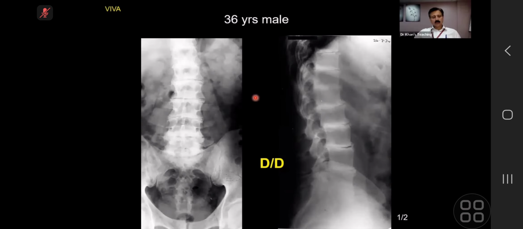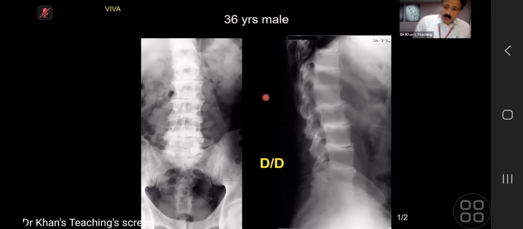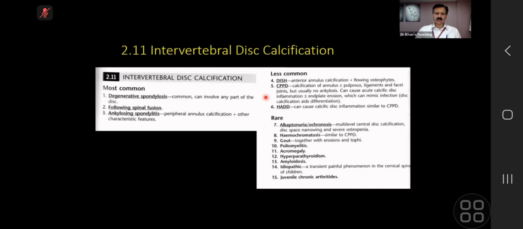For the ankylosing spondylitis. Okay, good. We stop. Now, the point is that this film came to one of my students years ago, and this is what we call intervertebral disc calcification.